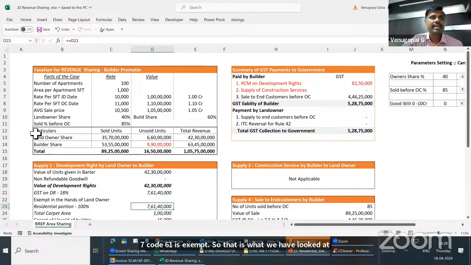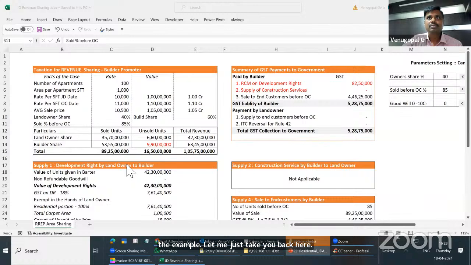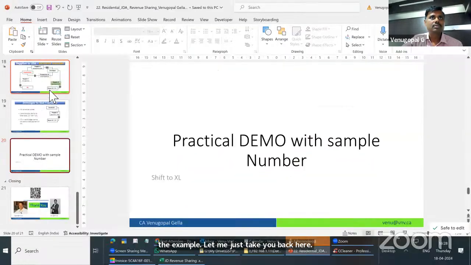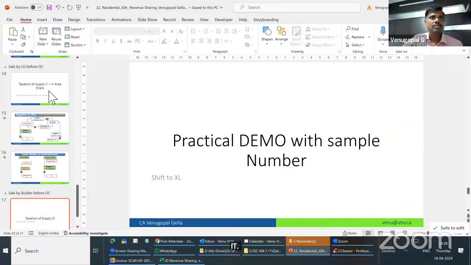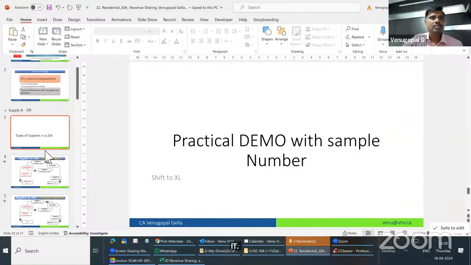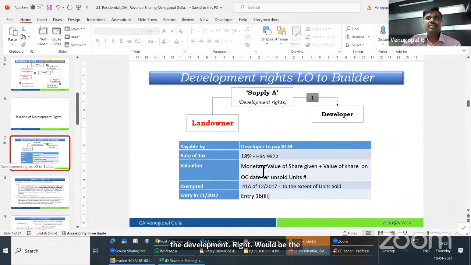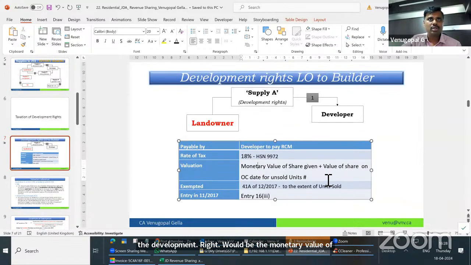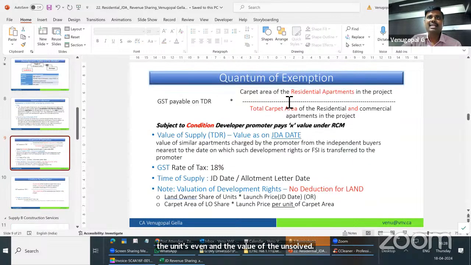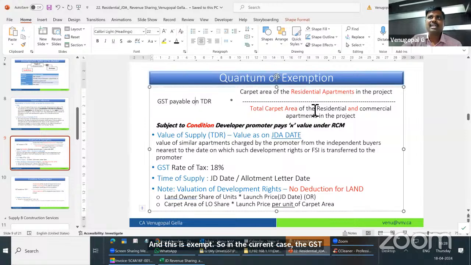Let me take you back to the PPT. In the development right, we said the value would be the monetary value of the units given and the value of the unsold. And this is exempt. So the GST payable on the TDR is in the ratio of residential and commercial.